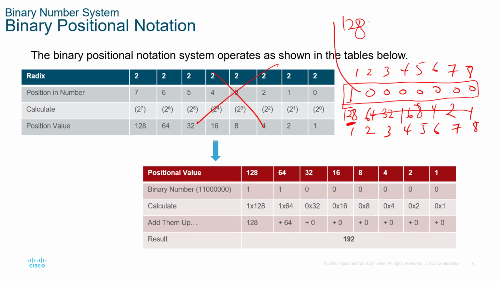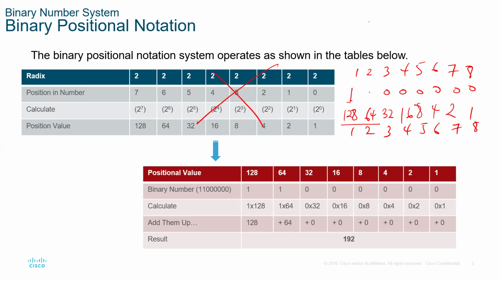Example 1. If I have a 1 here as well, let's say this one is 0 and this one is 1, that value is now 128 plus 64, meaning 192. Another example. This is how you convert.